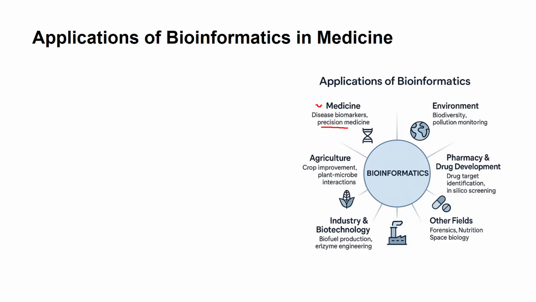It is also very important in industry and biotechnology, where the knowledge of bioinformatics can help in biofuel production and enzyme engineering. Very importantly, in agriculture, bioinformatics can help in crop improvement and plant-microbe interactions. So these are the various applications of bioinformatics in various fields.